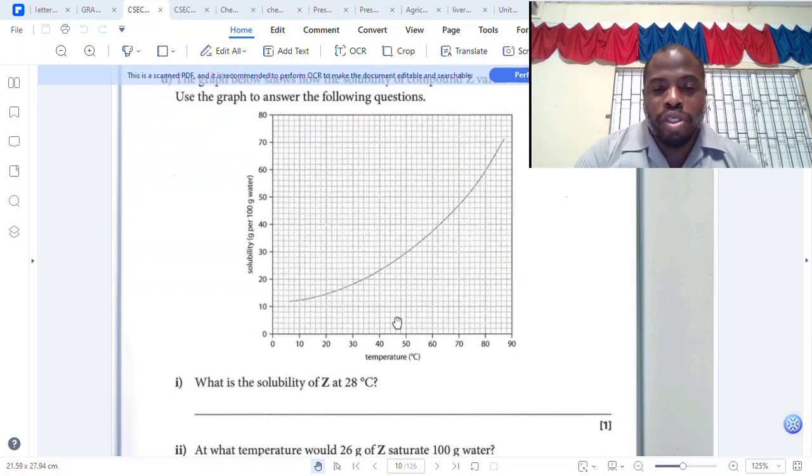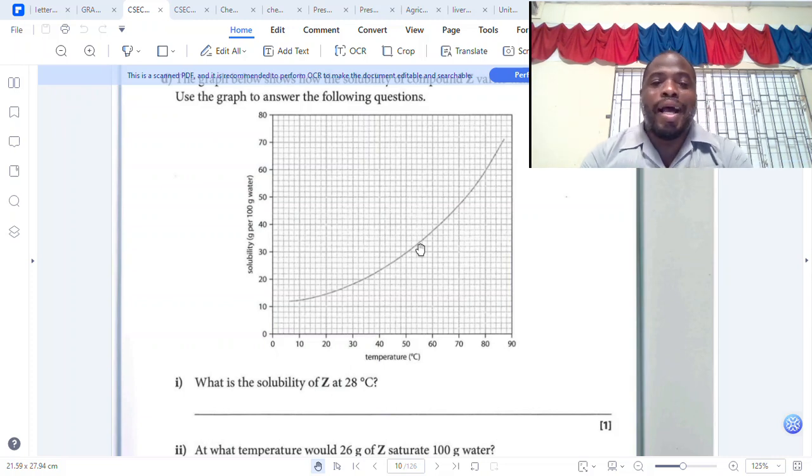So 100 grams in terms of 55, 55 is in the center here, which brings us right up here, and it's not touching the line yet, so we are looking at about 33. So at 55 degrees Celsius, 100 grams of water will be saturated with 33 grams of solute Z.